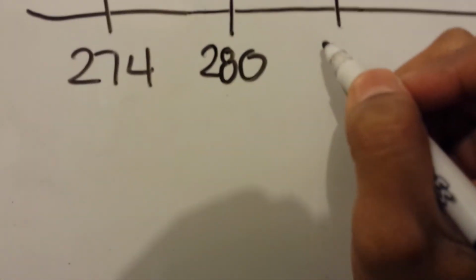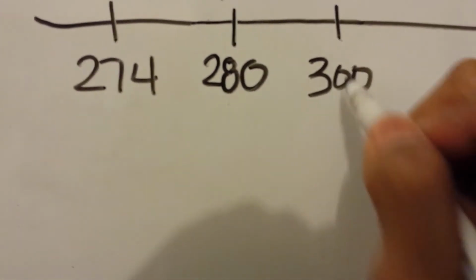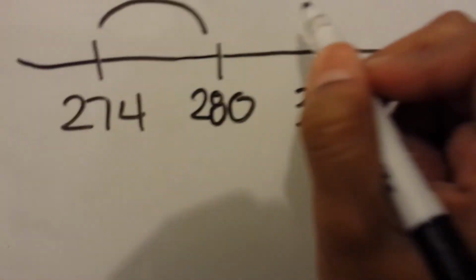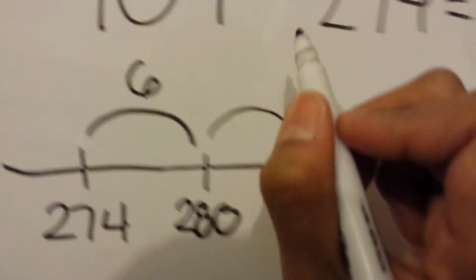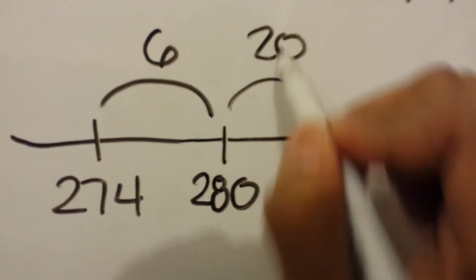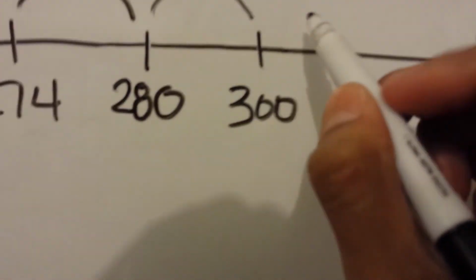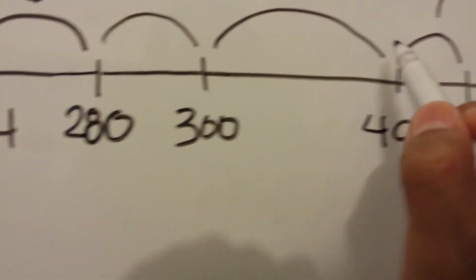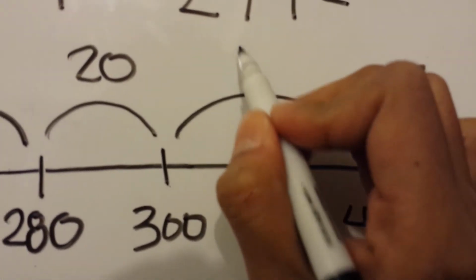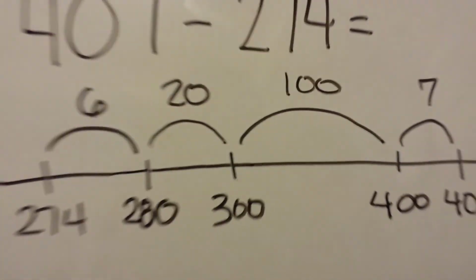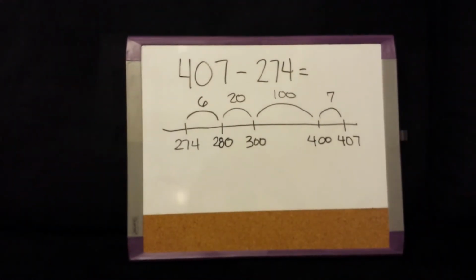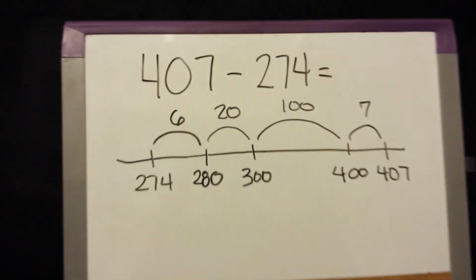Now I know that 300 is only 20 steps away from 280. And to get to 400 from 300, it only takes 100 steps. Now what you're going to do is think addition using the numbers that are on the top.